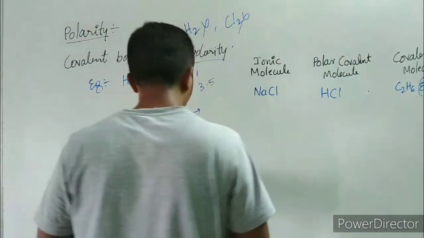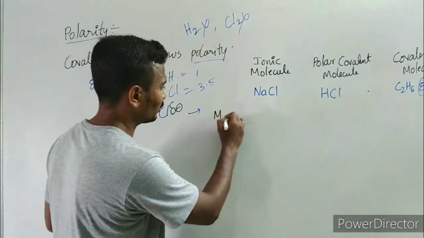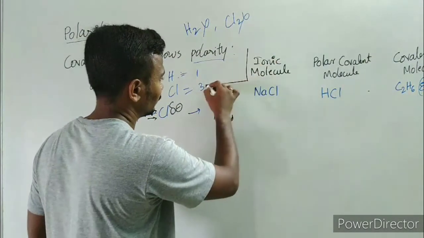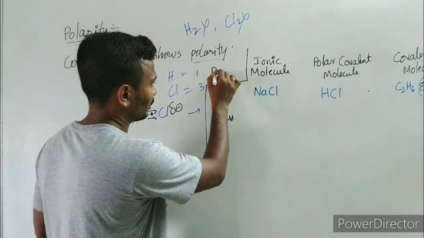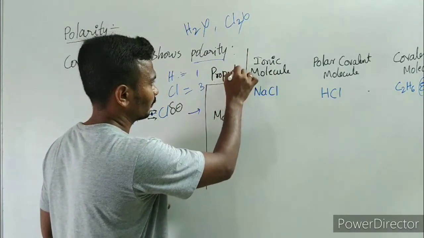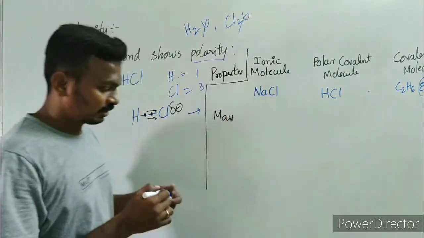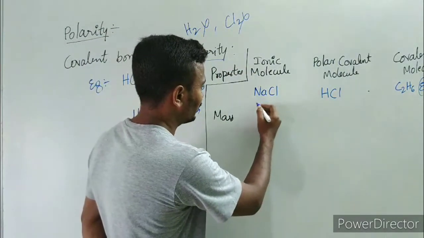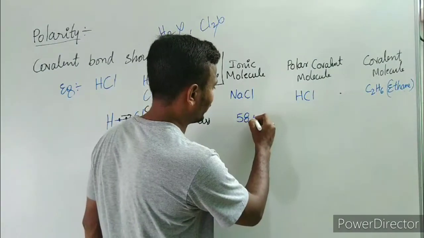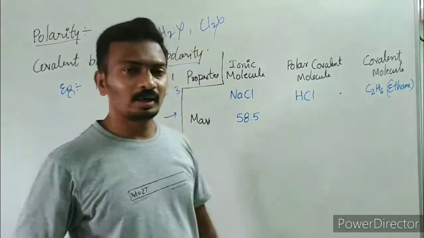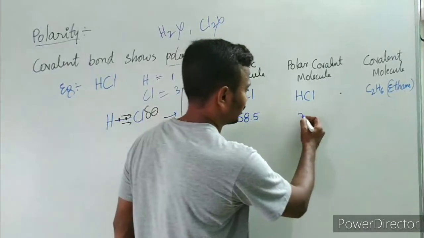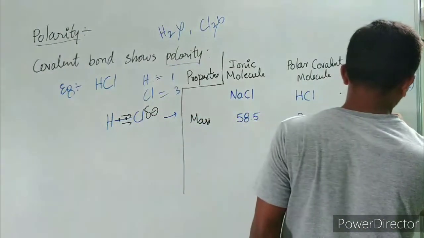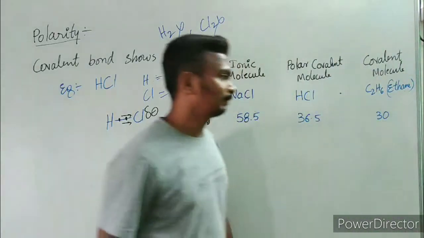Right, if you compare these, here we are going to discuss properties. Mass. If you look at the molecular mass of NaCl, it is 58.5 and the mass of HCl is 36.5 and the mass of ethane is 30.